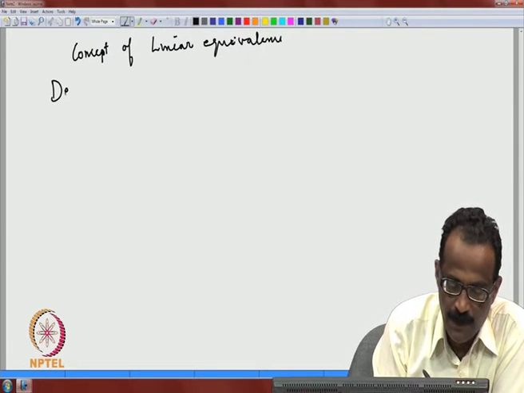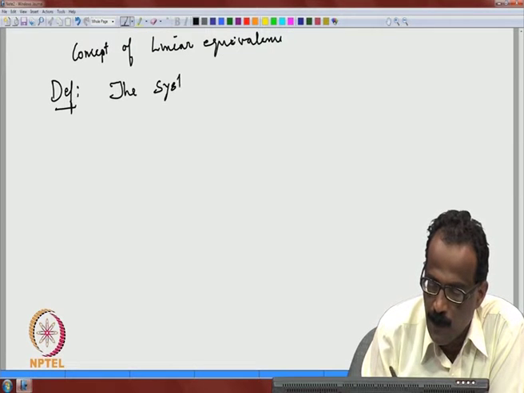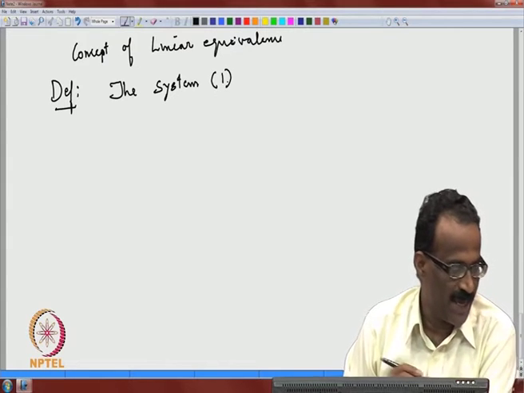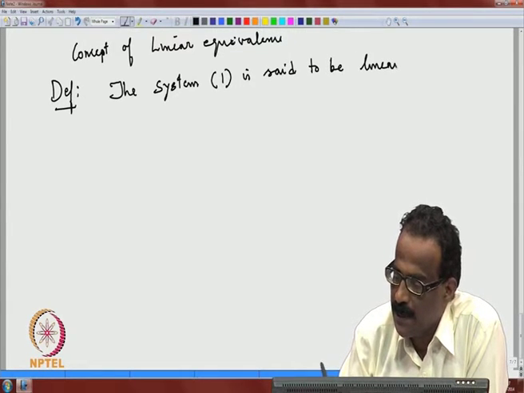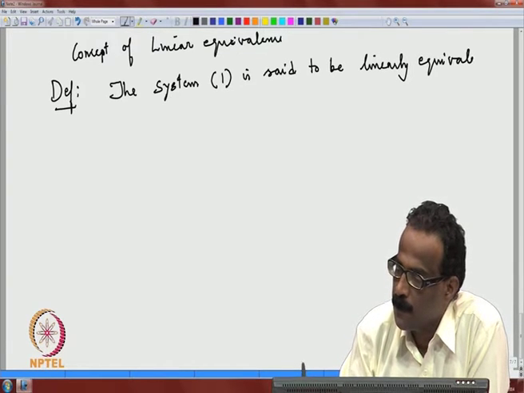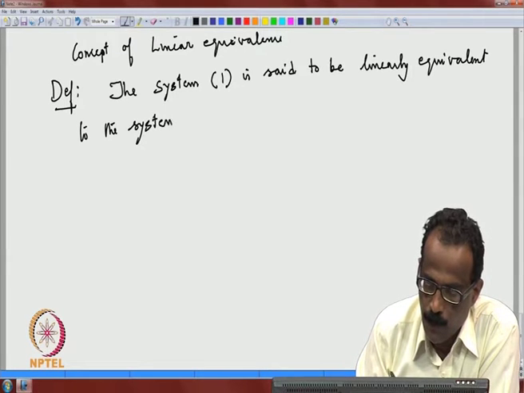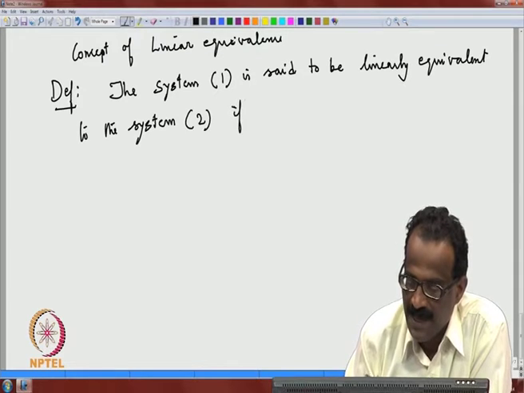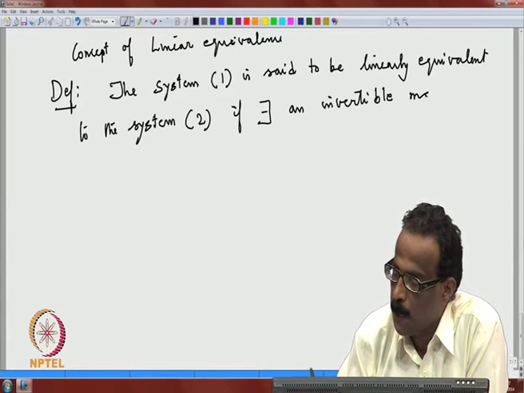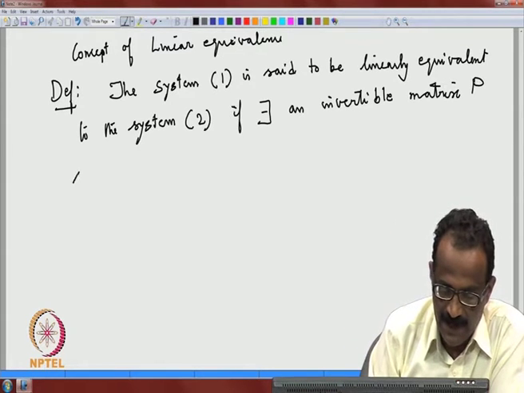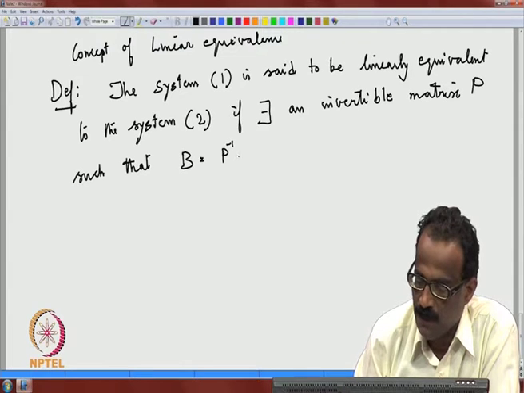So, you have a definition for this one. The system 1, that is x dot equal to Ax, is said to be linearly equivalent to the system 2, that is y dot equal to By, if there exists an invertible matrix P such that B is equal to P inverse of AP.